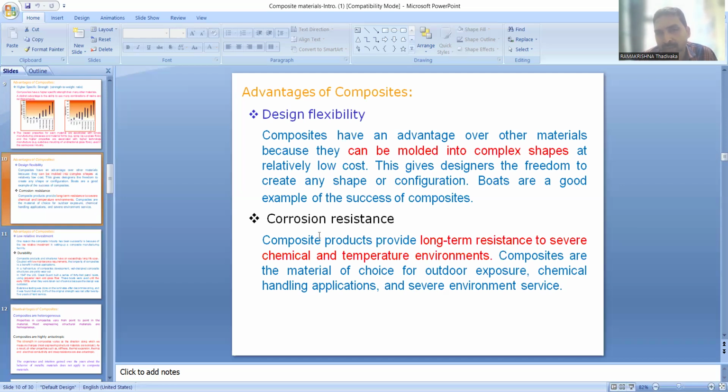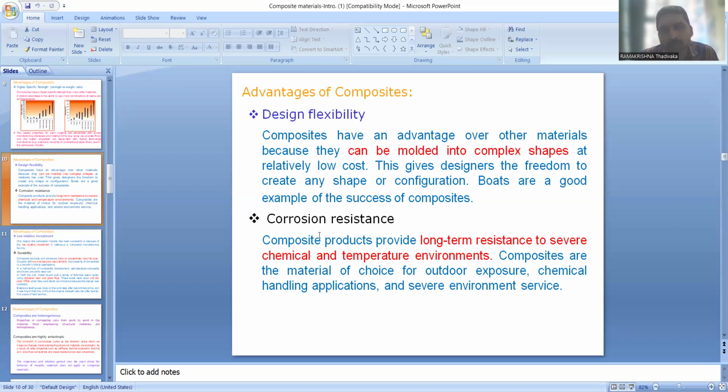Next one is corrosion resistance. What do you know about corrosion? Can you tell? In our daily life, we observe so many objects kept outside that undergo corrosion.